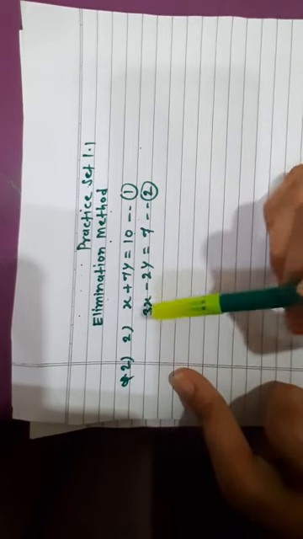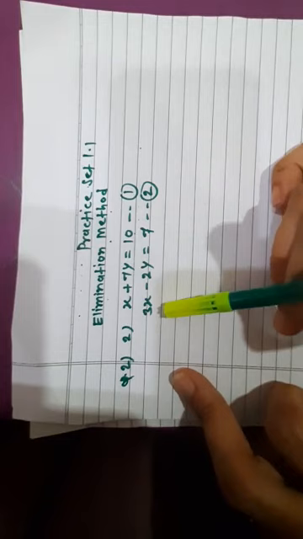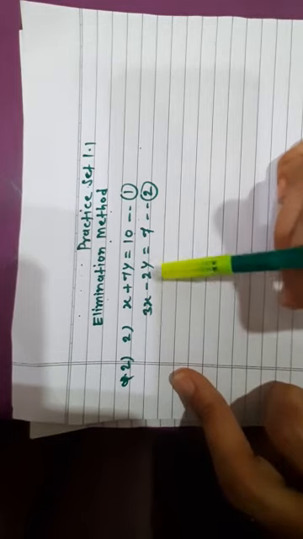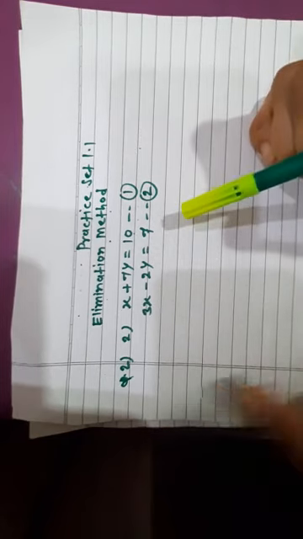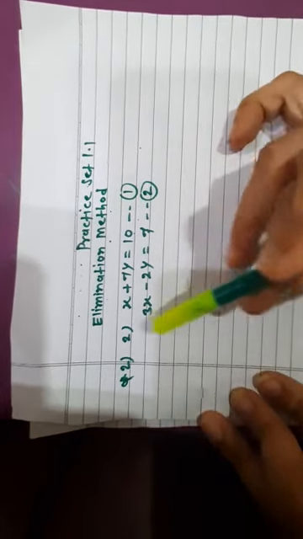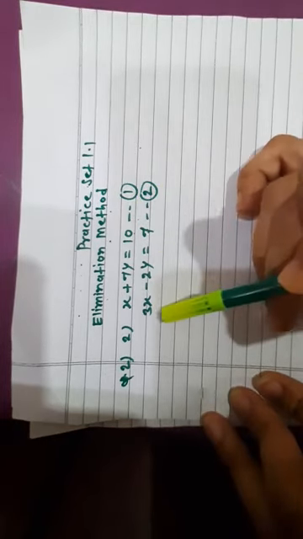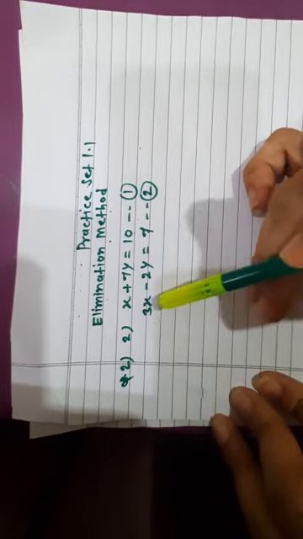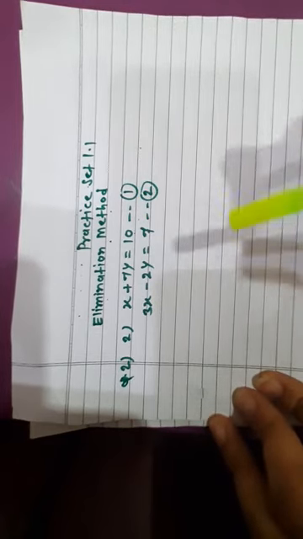The equations are x plus 7y is equal to 10 and the second equation is 3x minus 2y is equal to 7. Now here we use the elimination method for solving the simultaneous equations. In this method, we have to eliminate either the variable x or the variable y by equating the coefficients.